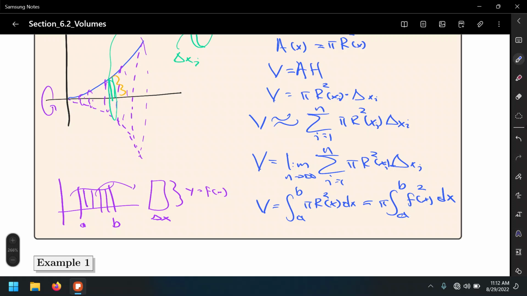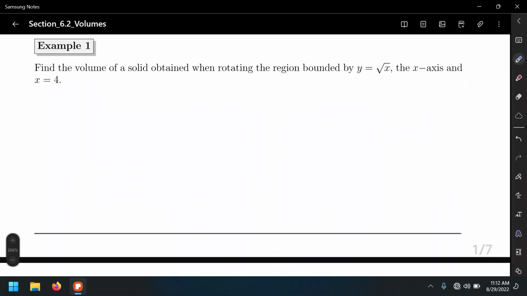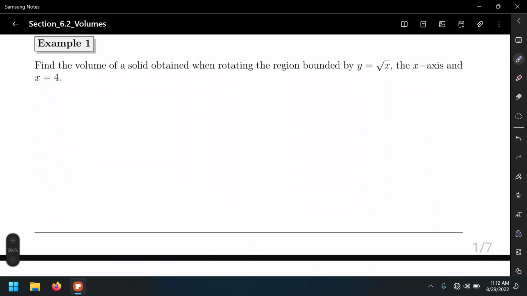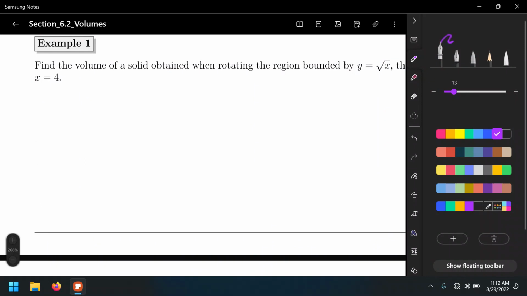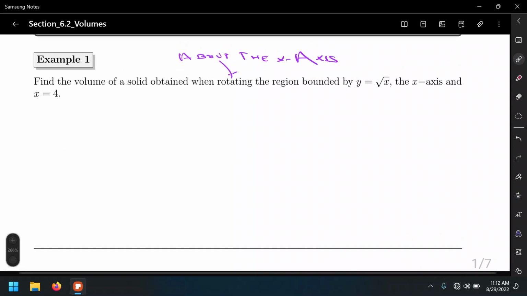Alright, so how about we look at one example, well actually a few examples. So let's find the volume of a solid obtained when rotating the region, actually when rotating about the x-axis. I forgot to type that part. It's important because that matters.